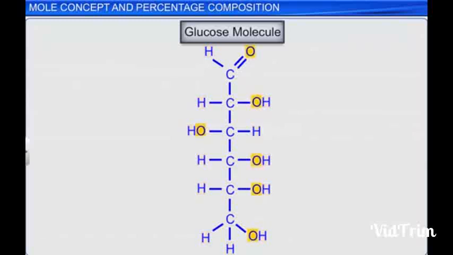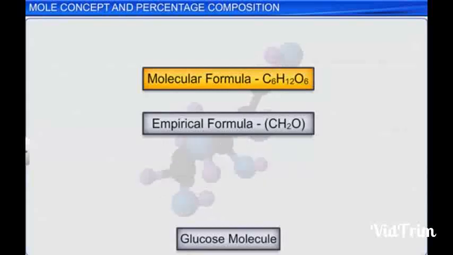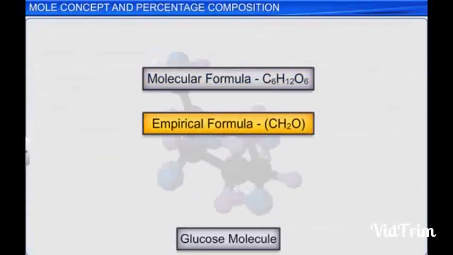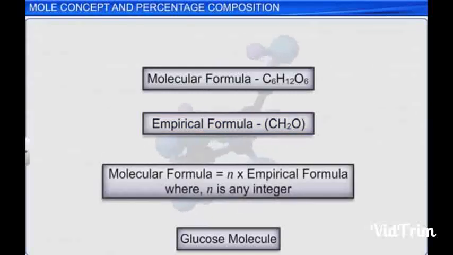This means that one molecule of glucose has 6 carbon atoms, 12 hydrogen atoms and 6 oxygen atoms. The molecular formula of a compound is an integral multiple of the empirical formula. The equation can be illustrated as shown.